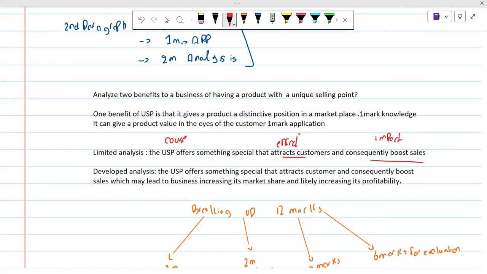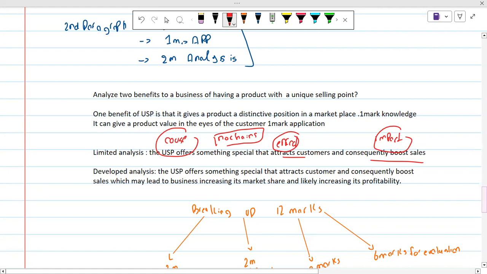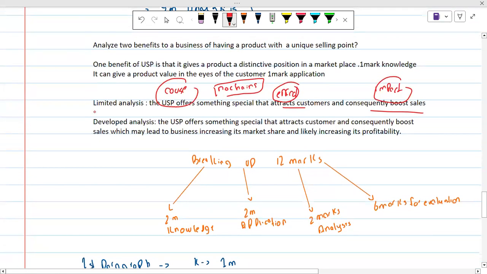So we have written the cause, effect, and impact, but is there any chain between these points? There are no chains. That's the reason this is called limited analysis, because in the marking scheme, the examiner clearly says that chains should be there between the cause, effect, and impact or consequences. Okay, so let's discuss this. If this analysis is developed, we can say the USP offers something special that attracts customers. So of course, the USP is our cause.